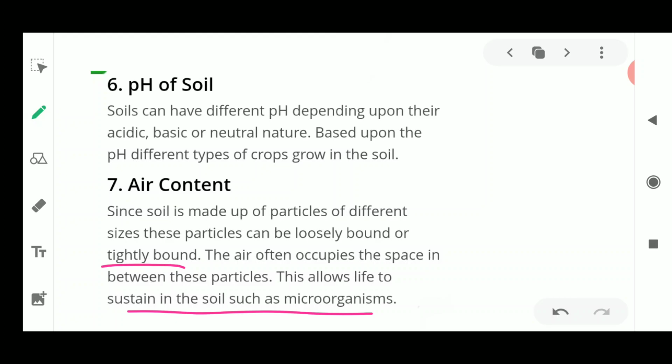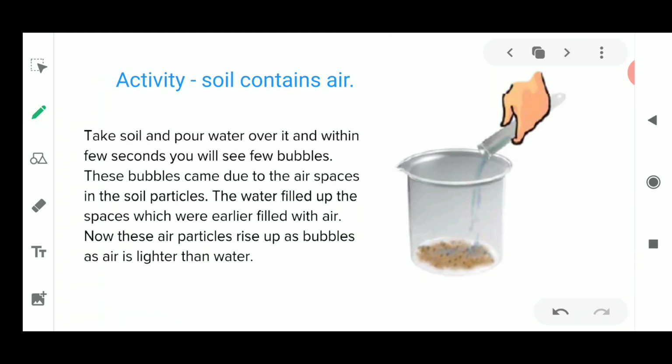Next is the activity which is going to tell you that soil contains air. Why are we discussing these activities? We have already been discussing activities related to these properties of soil. In the last class, I discussed the activity related to the percolation rate. Then we discussed the activity because of which we found that water is present in the soil. Similarly, now we will see that air is also present in the soil.